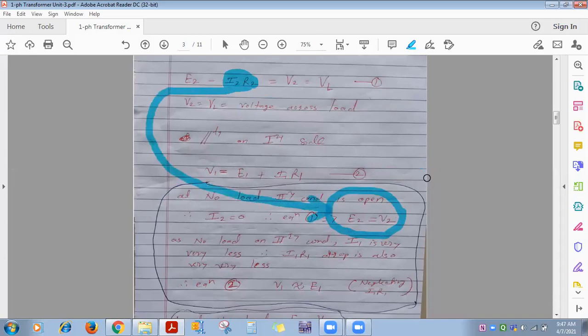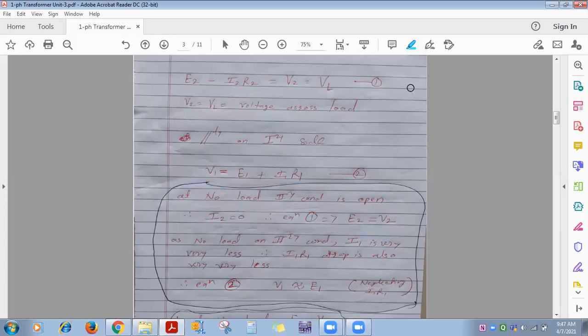And as there is no load on the secondary, I1 is minimum and R1 is already small, so the I1 R1 drop will be very, very small. You can neglect that. So at no load, V1 is approximately equal to E1.